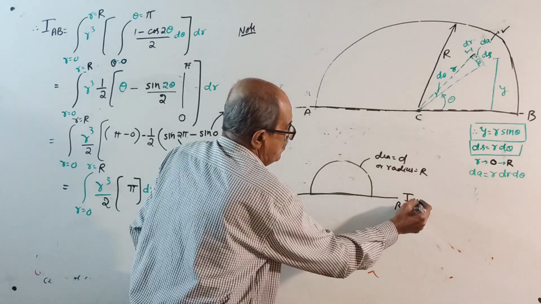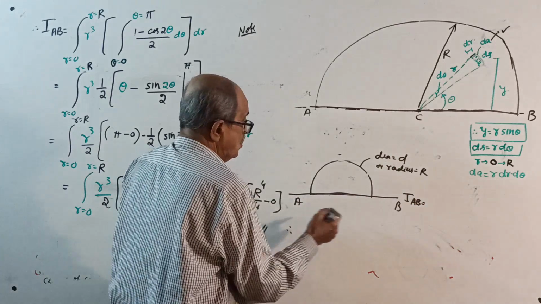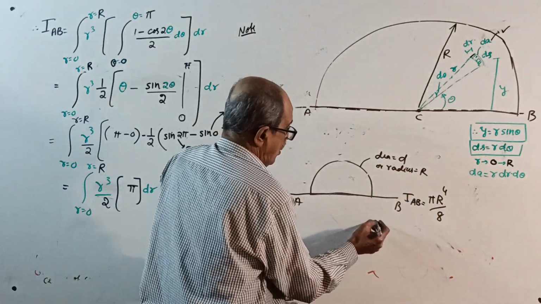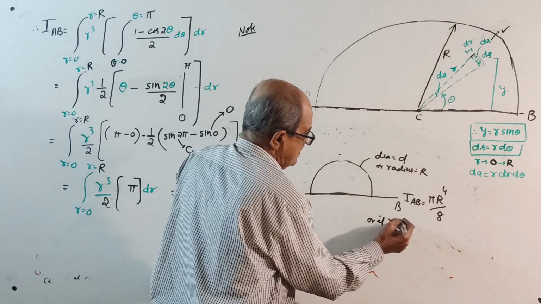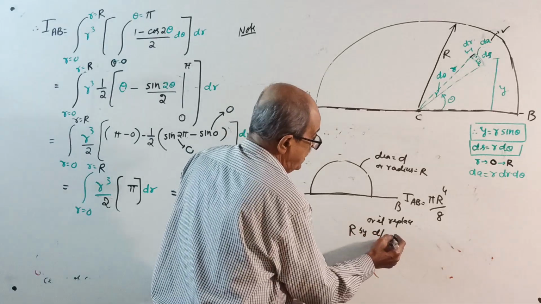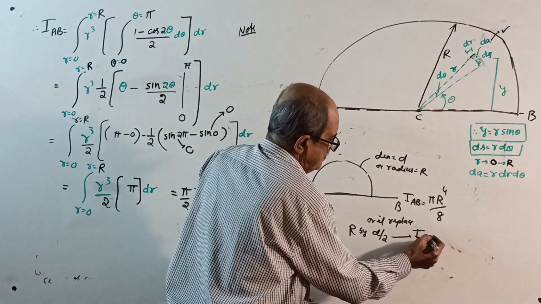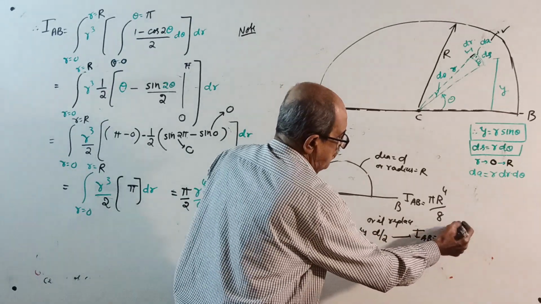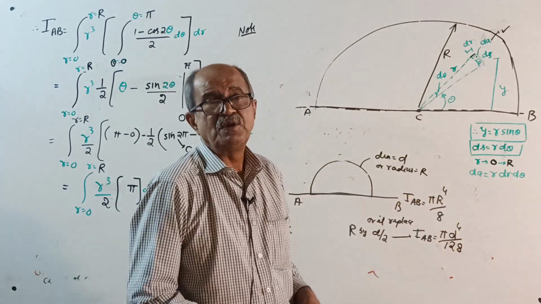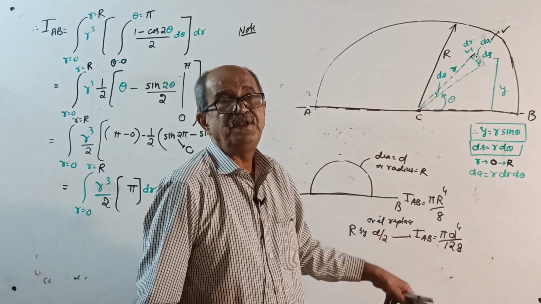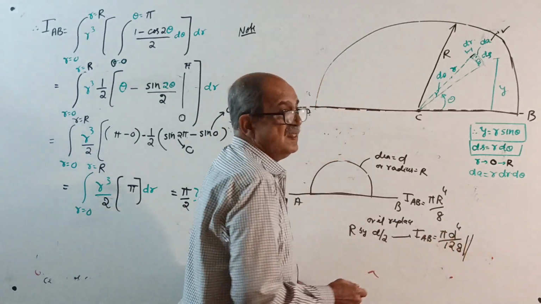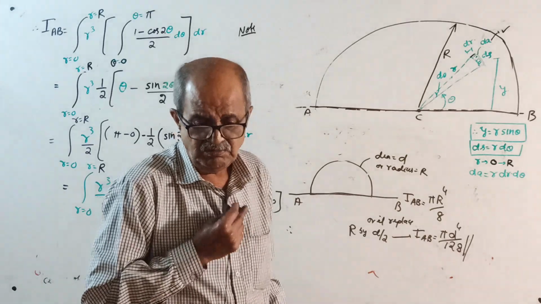Your IAB equal to, this all I will explain tomorrow, in terms of radius, pi r power 4 by 8, or if we replace r by d by 2, your IAB will come pi d power 4 by 128. Why 128? 1 by 4 into 1 by 2 to the power 4, that is 1 by 16. 16 into 8 is 128. Pi d power 4 by 128 is the answer. That is for semicircle.